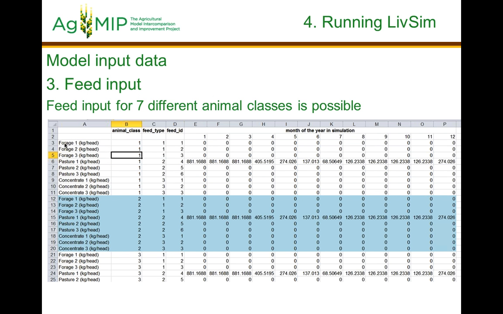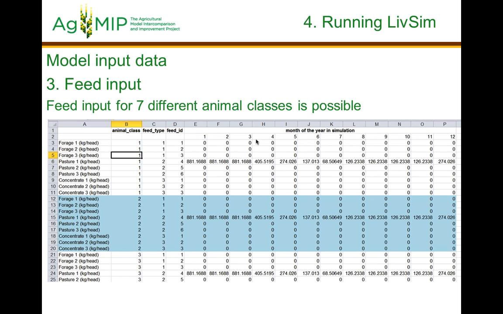This is then a screenshot of the feed quantity input. So you see here there's 3 different forages that can be specified, 3 different pastures, and 3 different concentrates. And here you look at the input for 1, 2, and then half a third animal class.